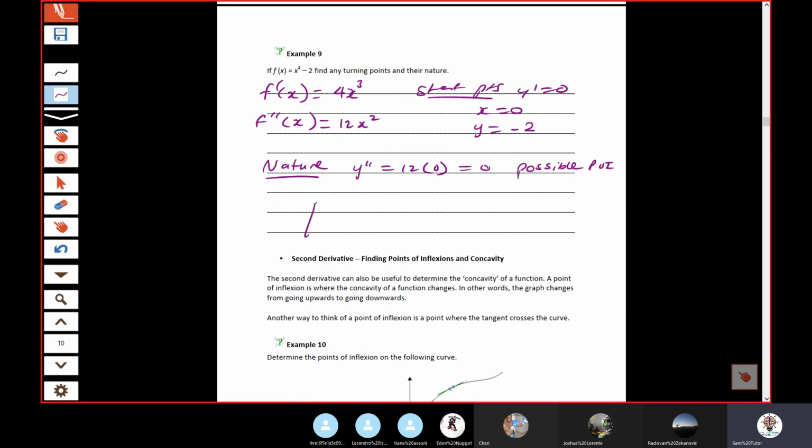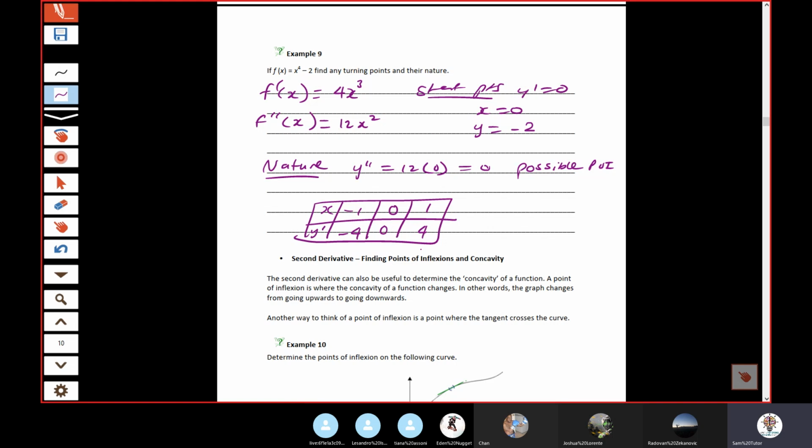If you do it through the y dash table, there's 0, there's 1 before it, there's 1 after it. At -1, you sub it in, it's -4. At +1, you sub it in, it's actually +4. It's not a point of inflection.